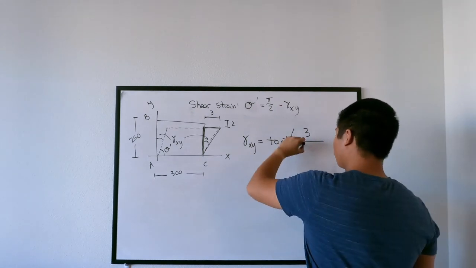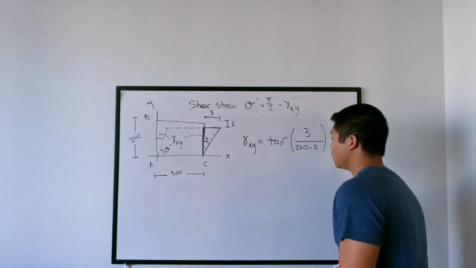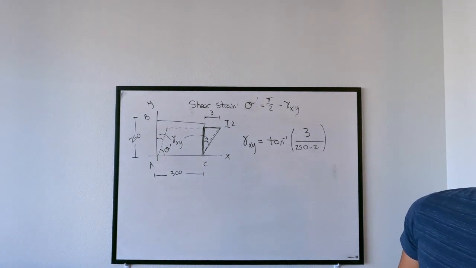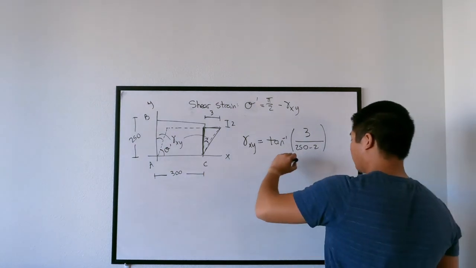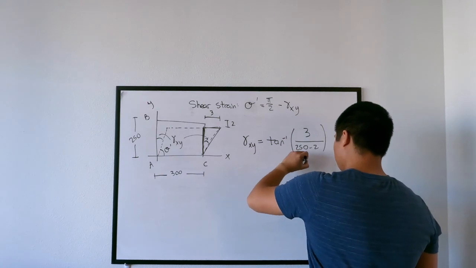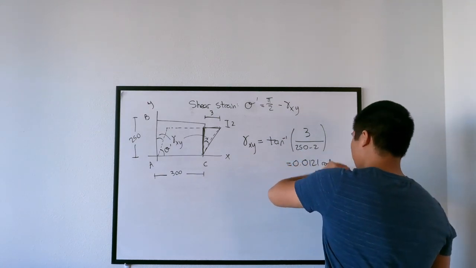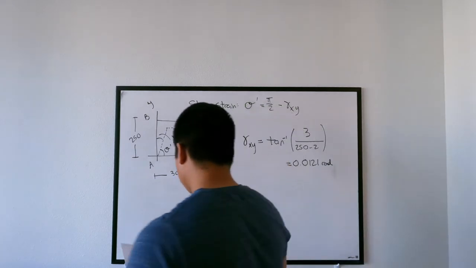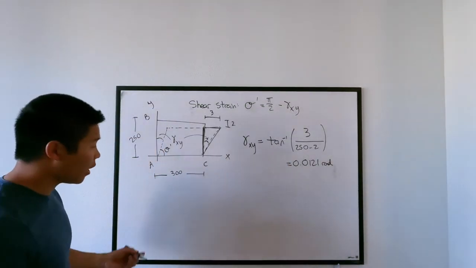So it's going to be 250 minus 2 as my arctan, which I find out to be 0.0121 radians.